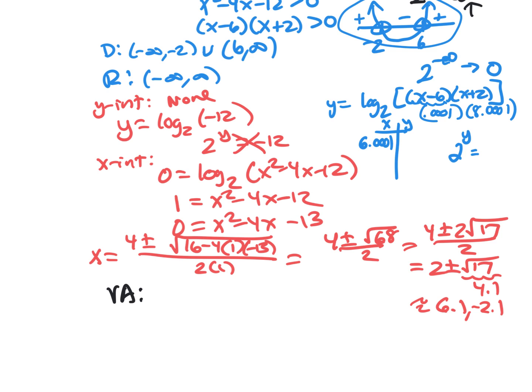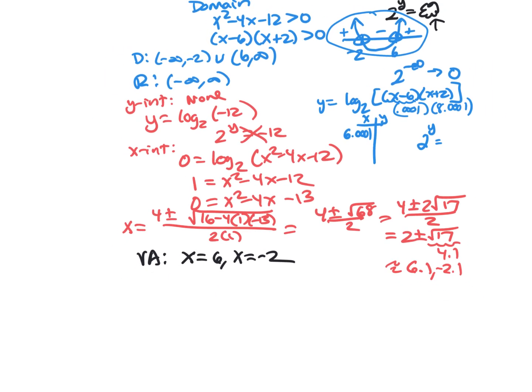And vertical asymptotes, remember what occurs at vertical asymptotes. It's when the graph explodes towards either positive or negative infinity. And so it will do that when the inside of the log equals 0. So my two vertical asymptotes are 6 and negative 2.